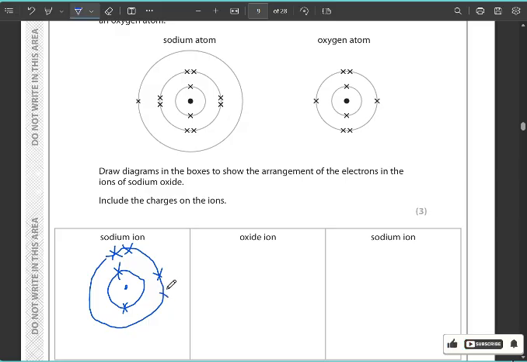That's why there will be 8 electrons. It loses 1 shell. And it is a positive ion because it loses 1 electron, positive 1.